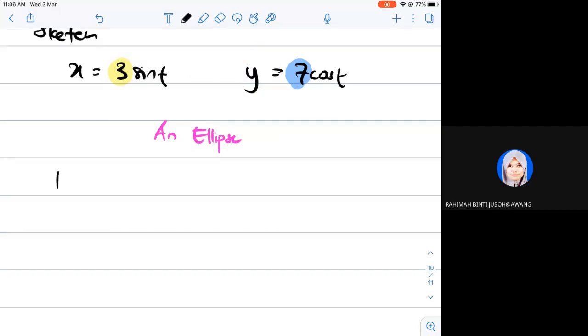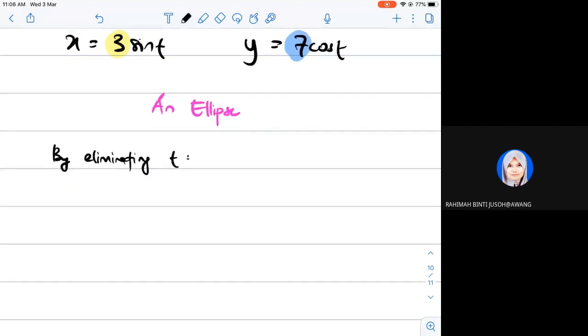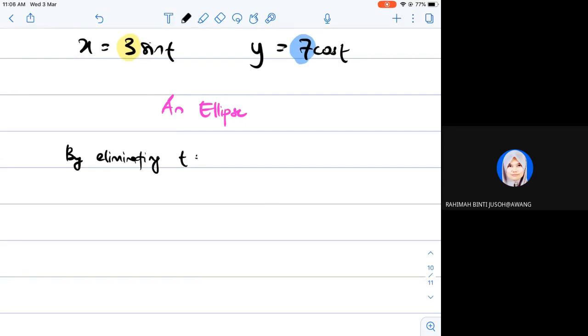By eliminating t, sebab kalau plotting tu you tahulah, just substitute value dalam table. Okay, so by eliminating t we have x equals 3 sin t, therefore sin t equals x over 3. Sama je step macam tadi.